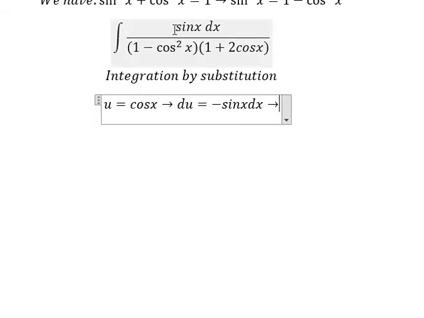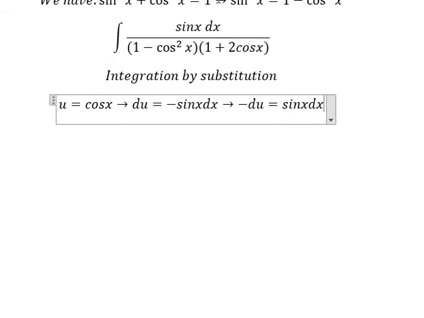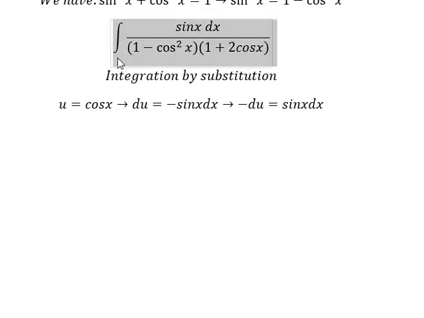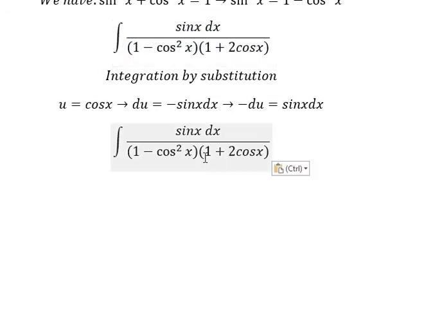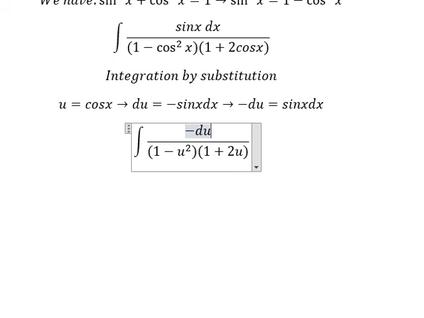Because we don't have the negative sign in here, so we put the negative next to du. So this one we change for u, and we have u squared. This one we change for u. Sin x dx we change for negative du.